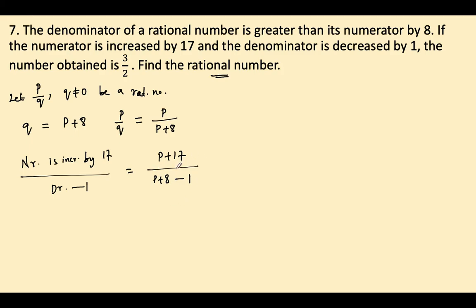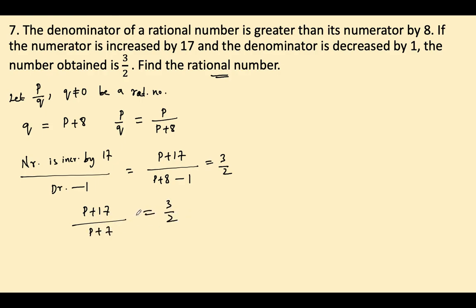This will be the new fraction. According to the question, the new number obtained is 3 by 2. So what you have is p plus 17 by p plus 8 minus 1, which is p plus 7. Okay, this is equal to 3 by 2.